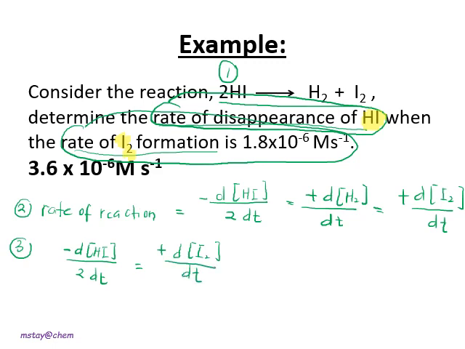Based on this equation, if there is a coefficient in the expression, it refers to the rate of reaction. Now they want us to determine the rate of disappearance. Basically, we can say that the rate of disappearance is without the coefficient, which means you need to find out the value for this part.